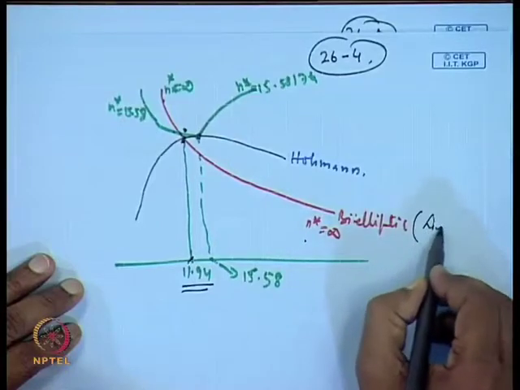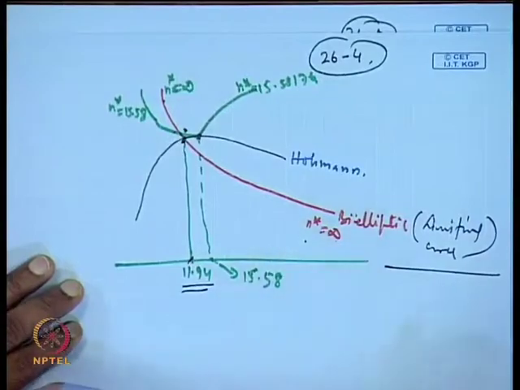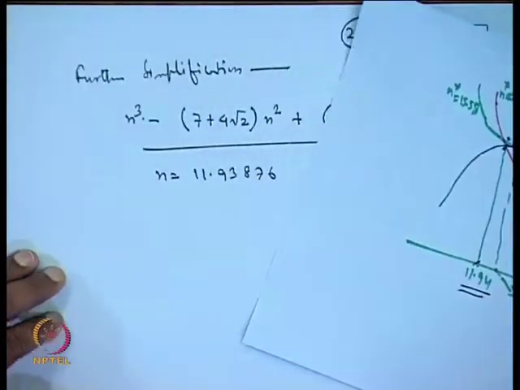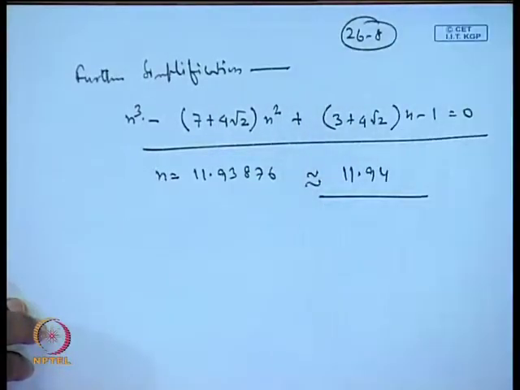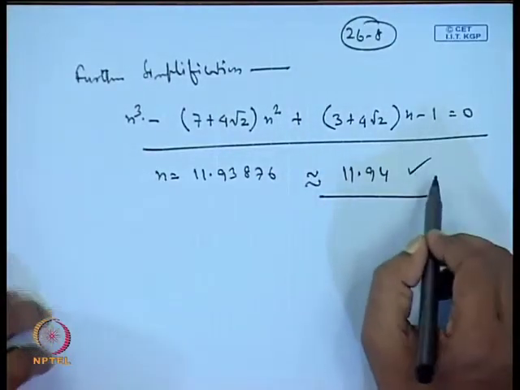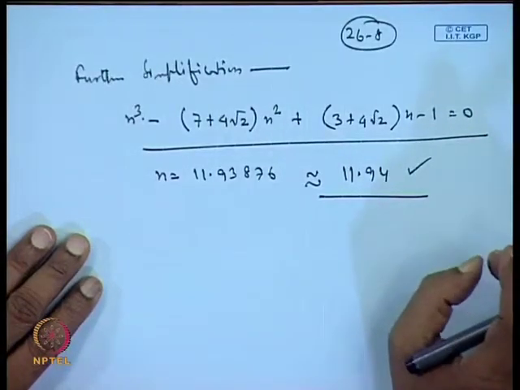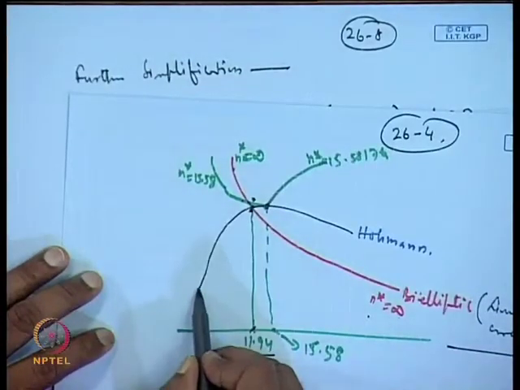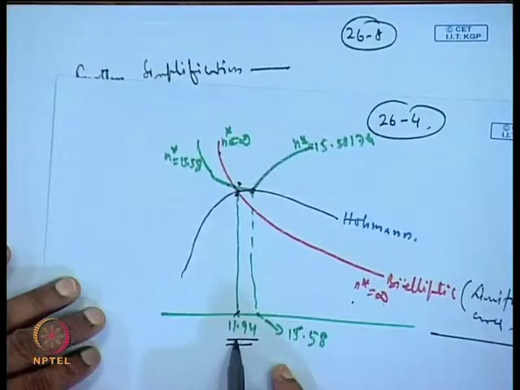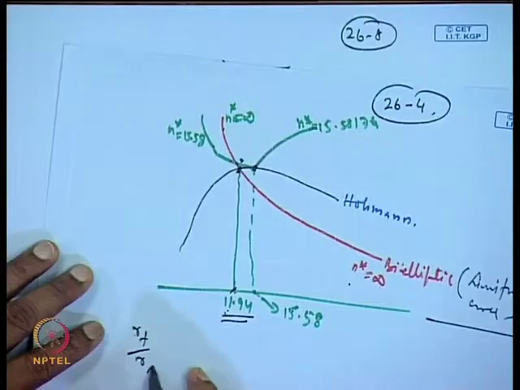This is the limiting case where n star equal to infinity. So, the intermediate orbit is at infinity. So, in this case the bielliptic transfer and the Hohmann transfer get equalized for the value of n equal to 11.94, that is R f by R I equal to n equal to 11.94.